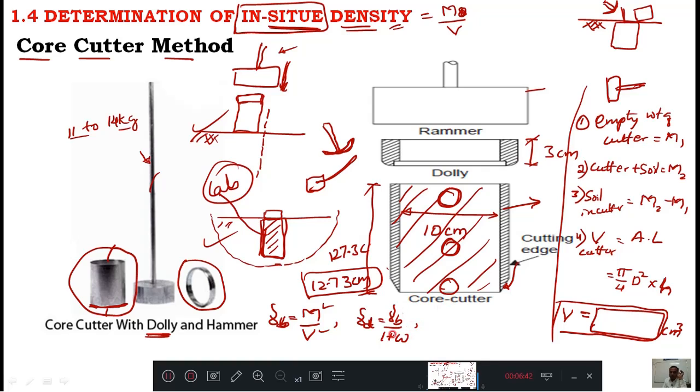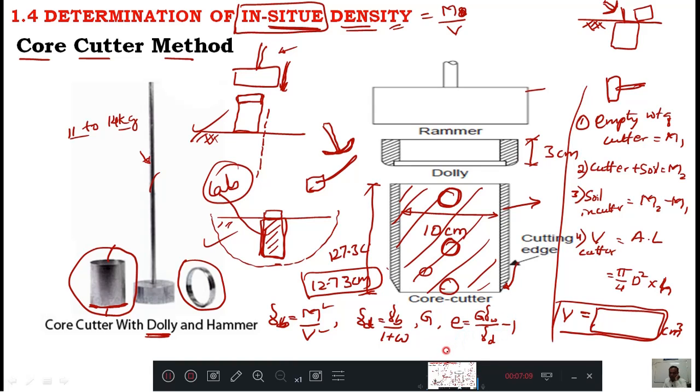Now you take this soil, put it in the oven, make it dry and perform the specific gravity experiment. In the previous class it was said. When you perform that experiment, you will get the specific gravity. When you get the specific gravity, you can calculate the void ratio. Void ratio equals G gamma W divided by gamma D minus 1.